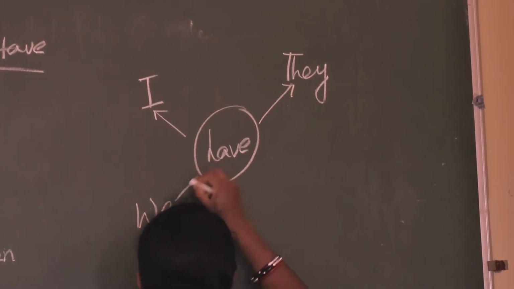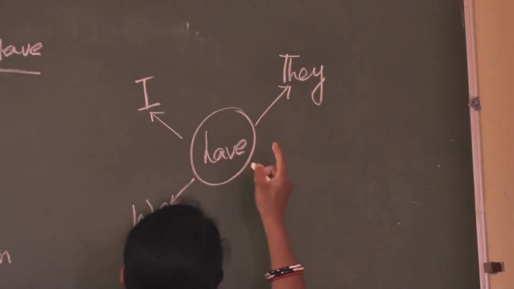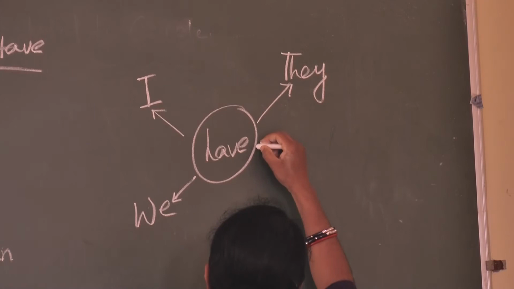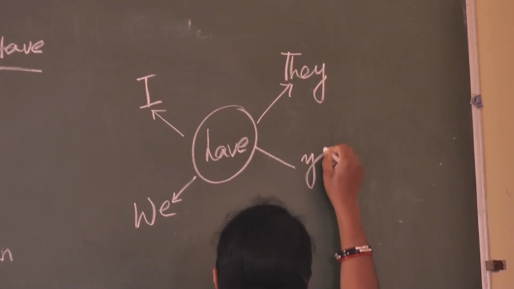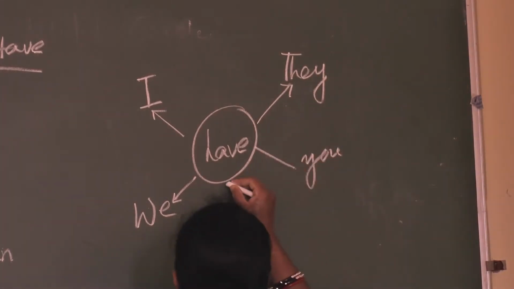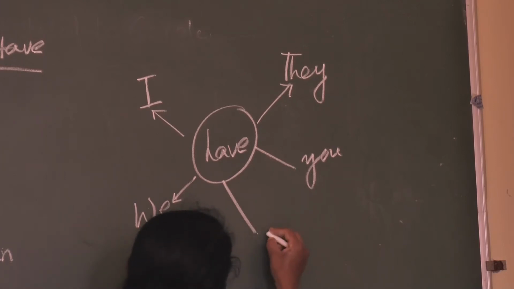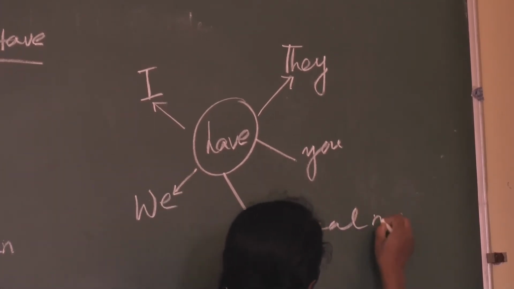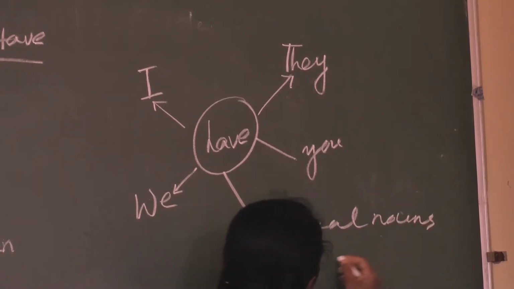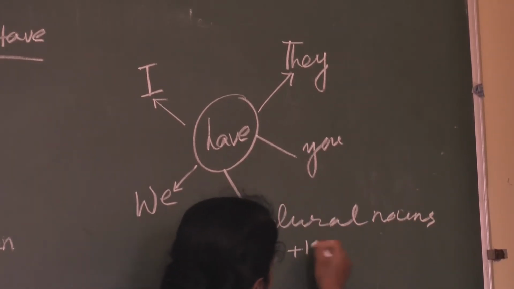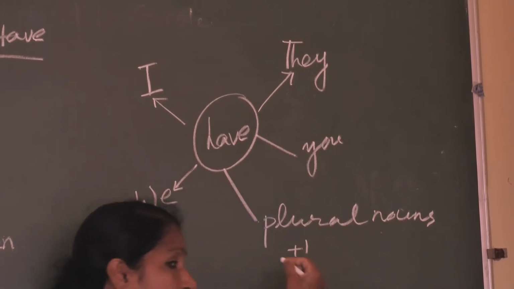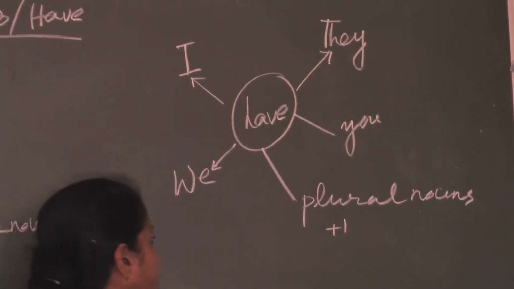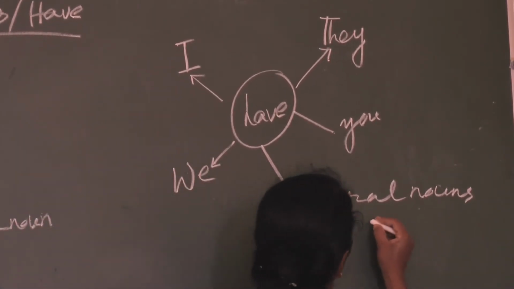We use have with we. We use have with you, and we use have with plural nouns. Plural nouns means plus one. Plus one means more than one. Plural nouns.